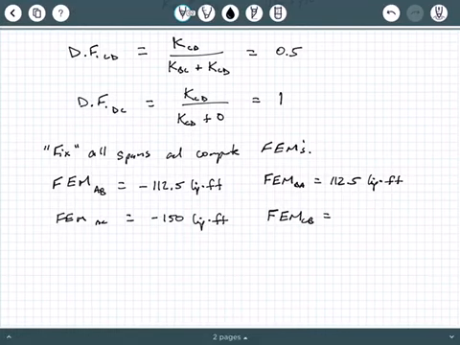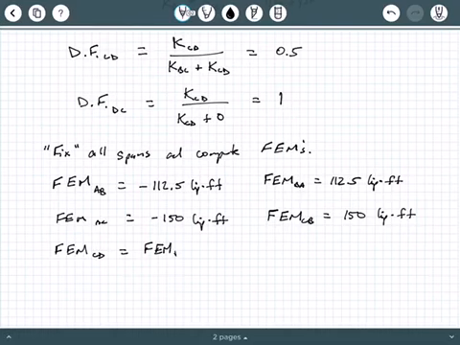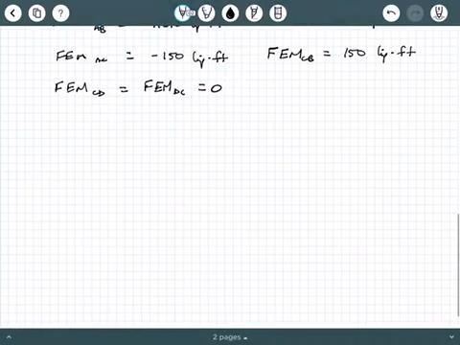FEM CB is a positive 150 kip feet. And notice the last span CD does not have any loading on it, so there are no fixed end moments in CD. Okay, so you can write that down. FEM CD equals FEM DC equals 0 because we have no loading there.